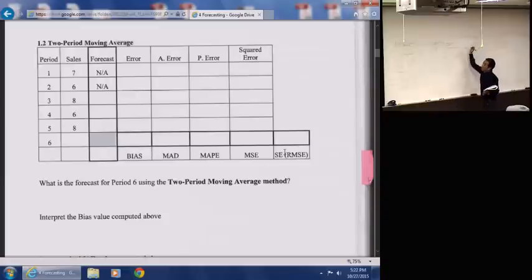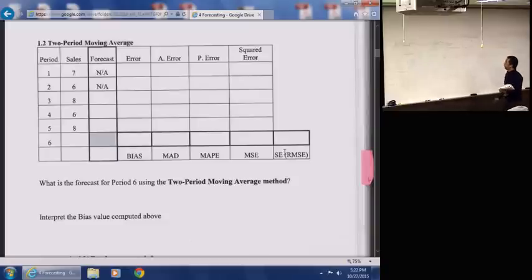If you want to make a prediction for the third period, the prediction is going to be an average between the first period and the second period. So you average 6 and 7, and you get 6.5. That's the prediction. Then for the fourth period, you take an average between the third period and the second period, and so on. That's why it's called a moving average.